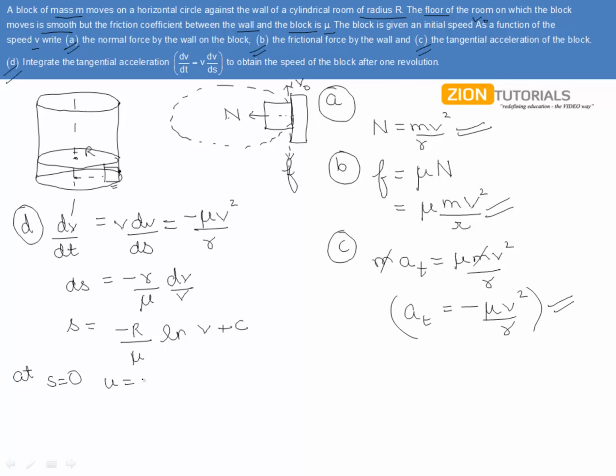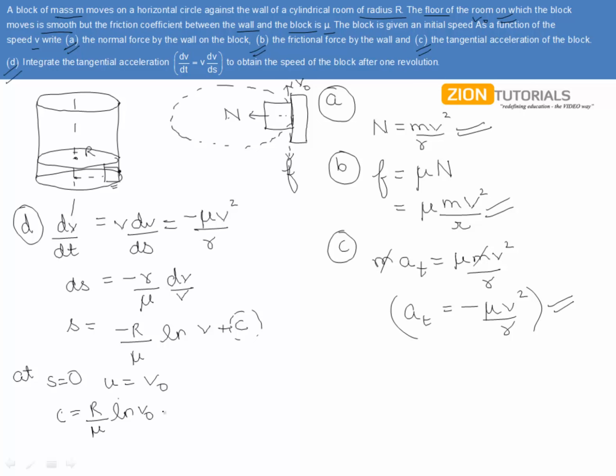Now, at s equals 0, when the distance covered is 0, we have the initial velocity v0, as I mentioned. We can find the value of C by putting s equal to 0 and v equal to v0. Then we get the constant C equals r by mu ln v0.